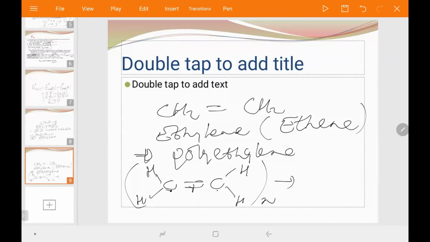Again, this carbon also has one free electron, because in the hydrocarbon, to form this double bond between two carbons, a pair of electrons should be shared. Now when this bond is broken down, this carbon has an active site, and this carbon also has an active site.